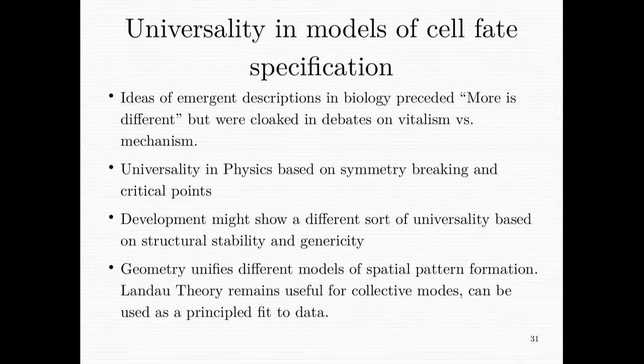And finally, I've tried to argue that geometry is a way to unify different models of spatial pattern formation, and essentially what we are doing is a kind of Landau theory. That remains a very useful way of thinking about collective modes, but in the biological context it is not just an approximation to the full dynamics, because the full dynamics you don't know in any case, but might be something that allows you to give a principled fit of the biological data.